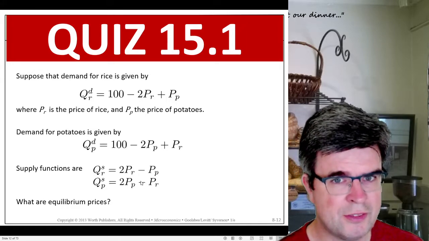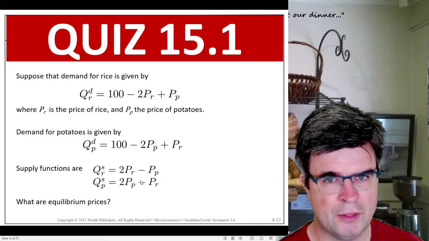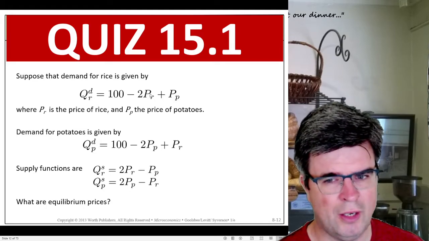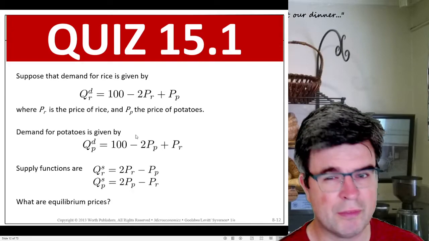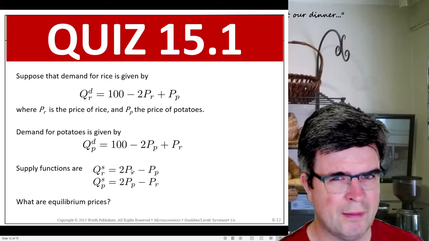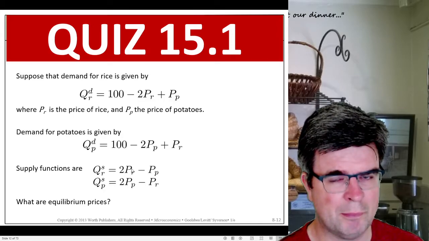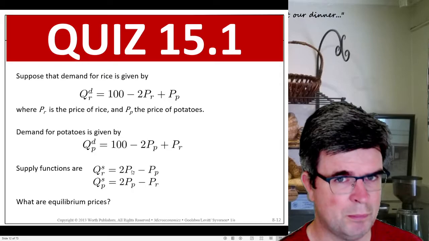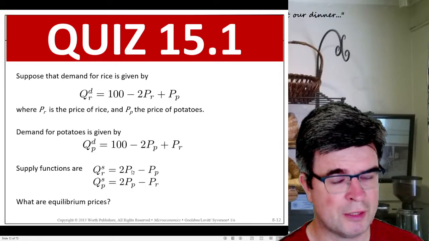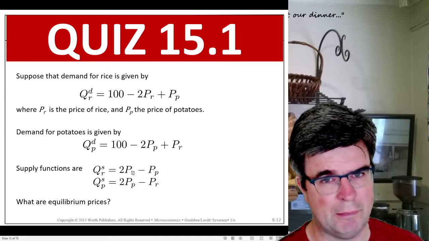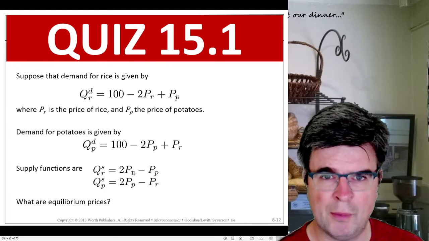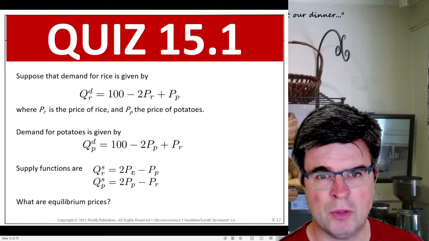You already can see by the way this problem is set up that the demand and the supply functions in the two markets are again very symmetric. So you would expect that if you would solve this problem, the equilibrium price in the market for potatoes would be identical to the equilibrium price in the market for rice, and also the quantities will be the same. But I leave it up to you to determine what that equilibrium price and what that equilibrium quantity in both markets are.